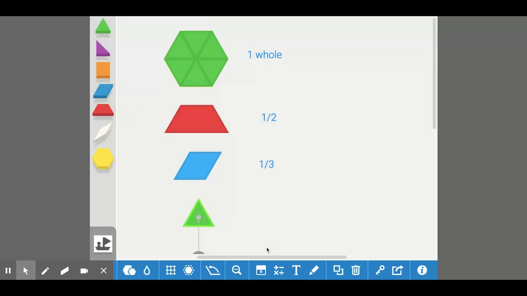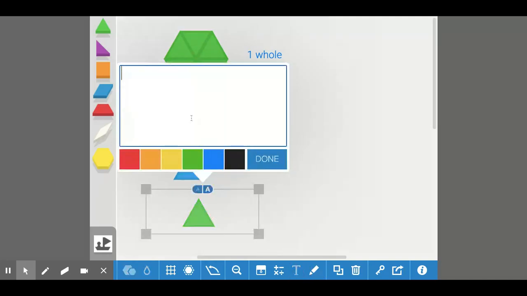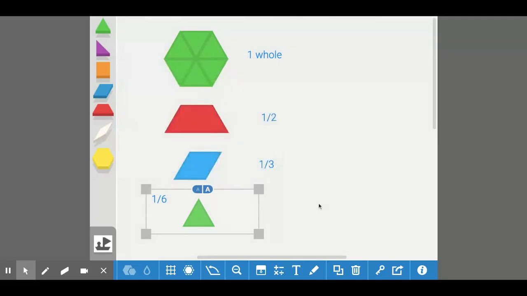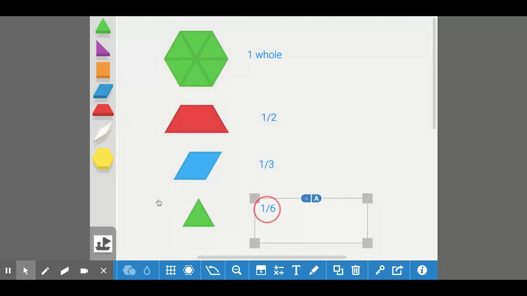So what fraction is 1 triangle? 1 out of 6. So every fraction has equal parts, but the size of the parts is different. So you can see that 3 triangles is the same area as the red shape.